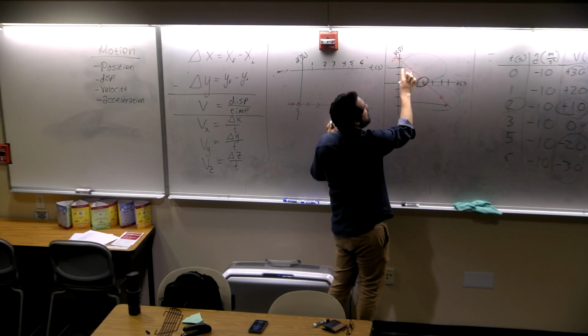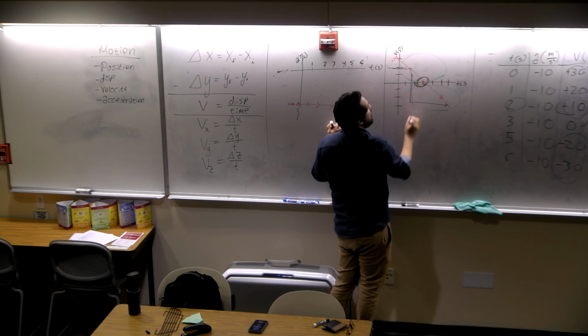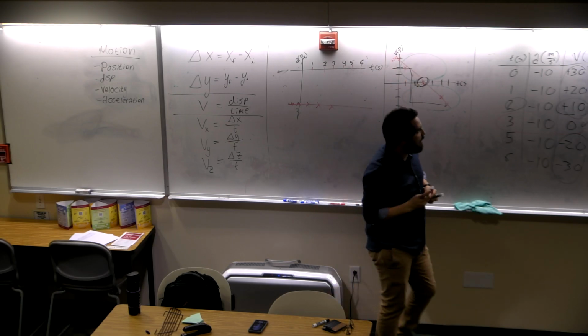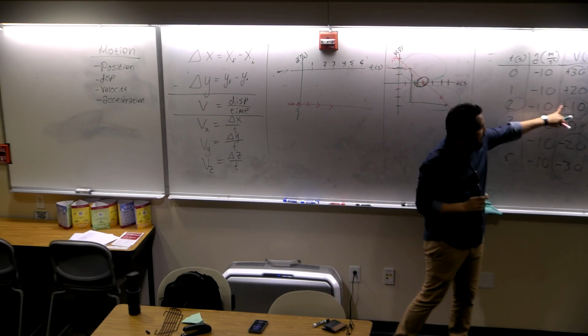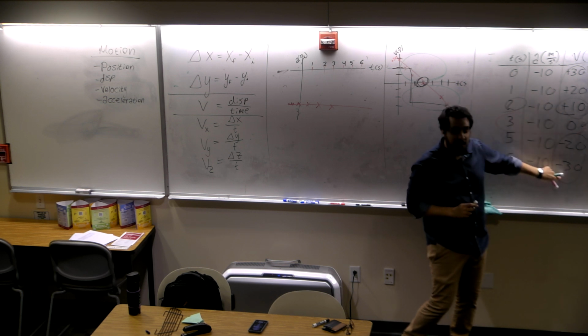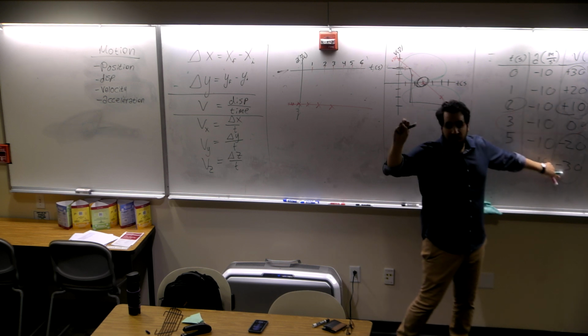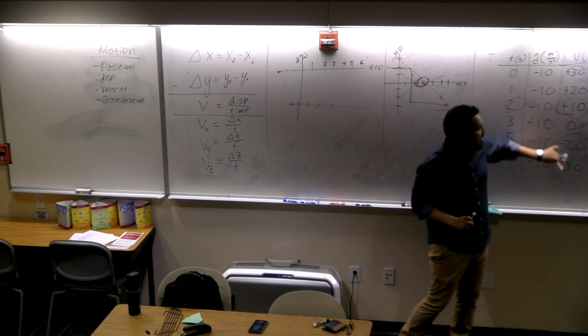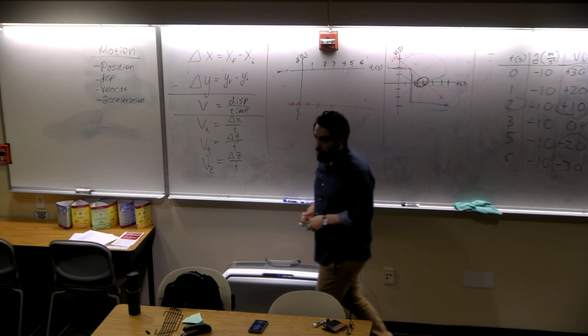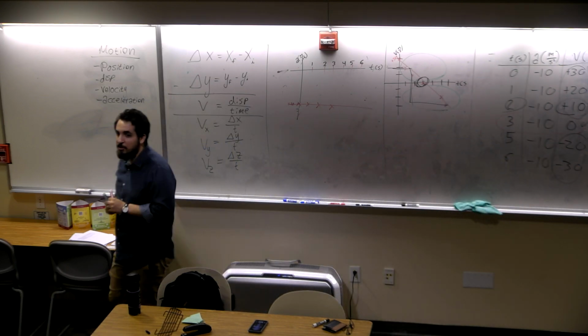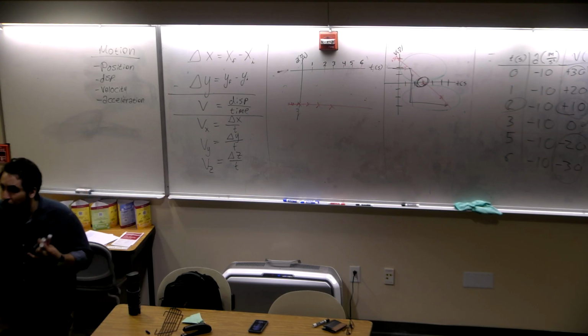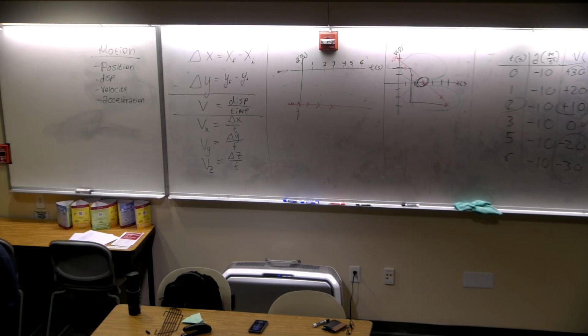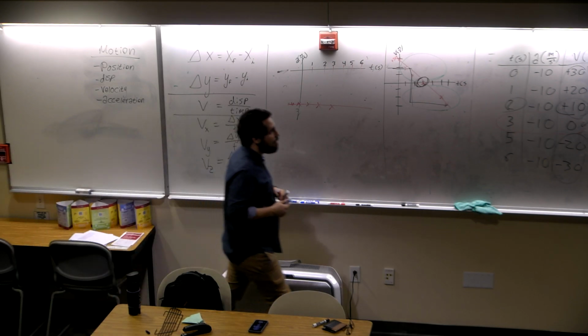Oh my gosh, I really did not do a good job on this graph. If we look at the third data point and the last data point, our rise goes from positive 10 to negative 30. To go from positive 10 to negative 30, you have to go down 40 meters per second, yes? So your rise is negative 40 meters per second.